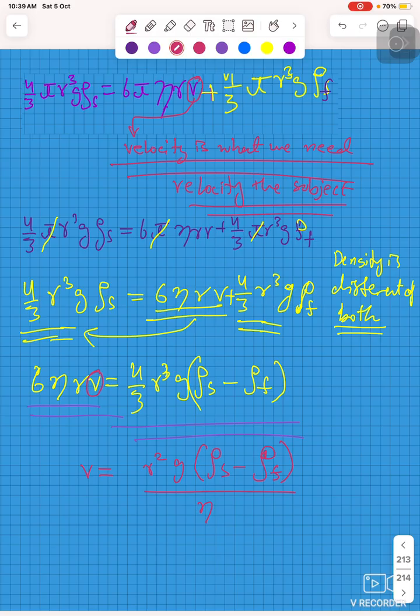Now 6 and 4/3 is the same as saying 2 over 9 eta, and here we have our simplified equation for viscosity, the speed of the object, which is a sphere. What will be its speed when it's going through that liquid?